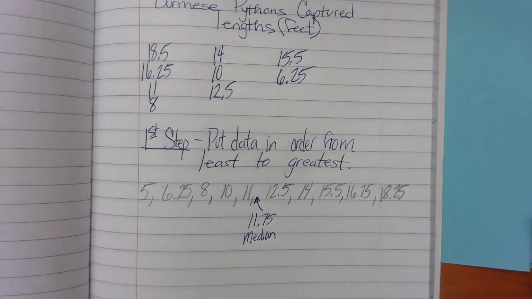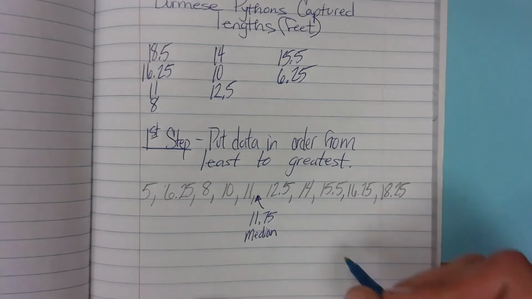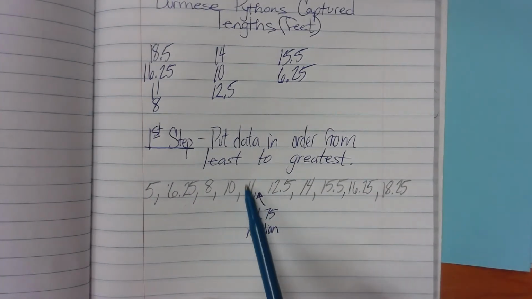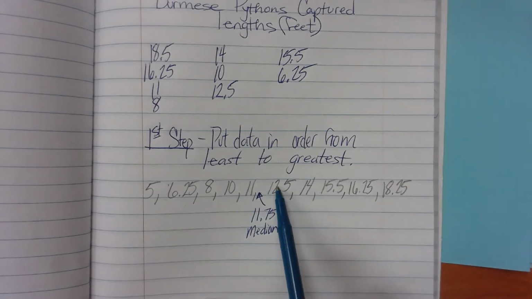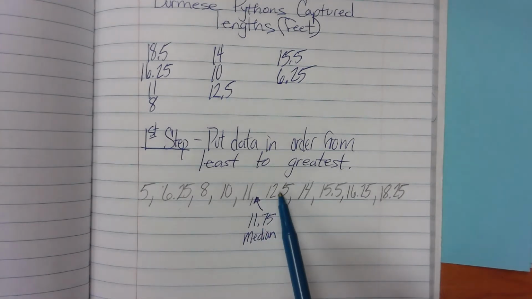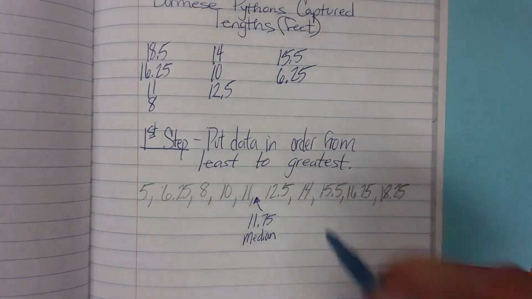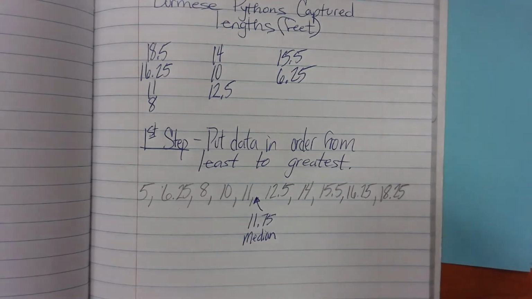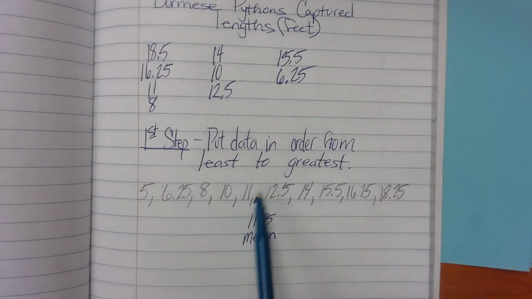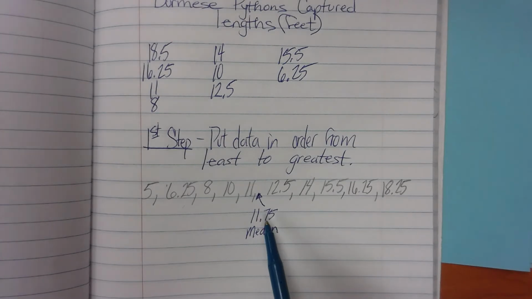I found that by adding, just on the side here, you find the median by adding 11 and 12.5, you end up with 23.5, and when you divide that by 2, and you do that any time there's an even number of data points. To find the median, you're going to have to add the middle 2 and divide by 2 anytime there's an even number. So my median is 11 and 75/100ths.